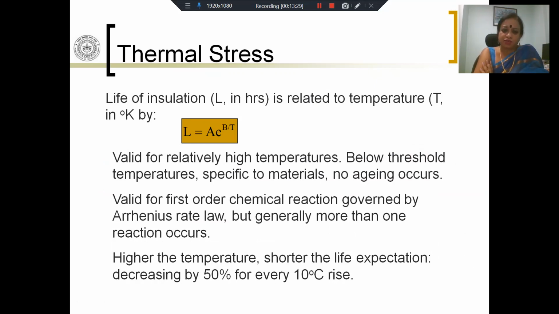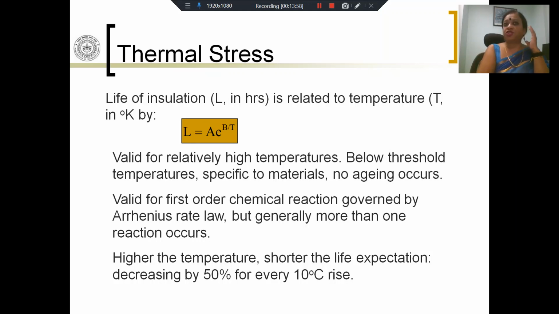The life of insulation is given in hours, and generally it is related to temperature T in degrees Kelvin by an Arrhenius type of law, L equal to A e to the power B by T, where T is capital T. This relationship is generally valid for relatively high temperatures. Below threshold temperatures, we do not have any kind of relationship, because theoretically, below a certain temperature, when these chemical reactions do not happen, no aging takes place.